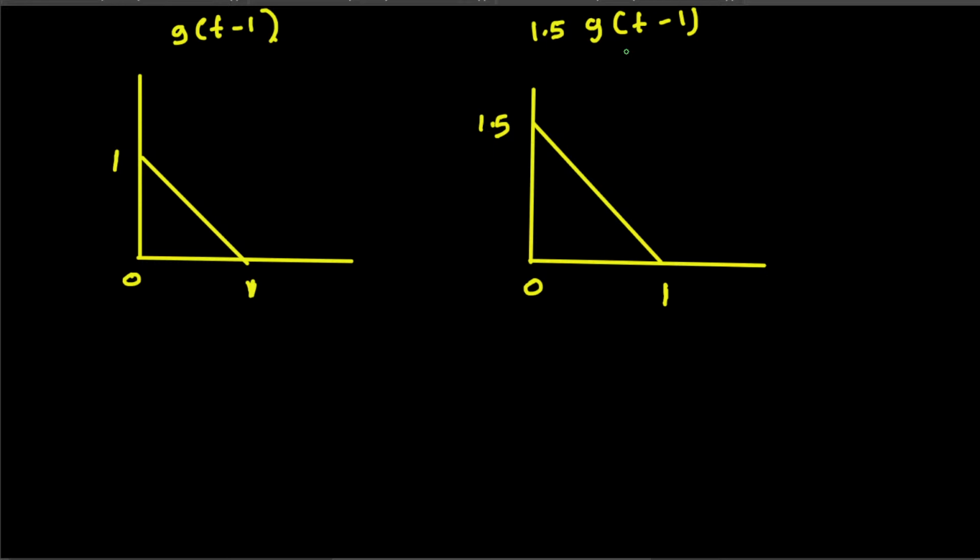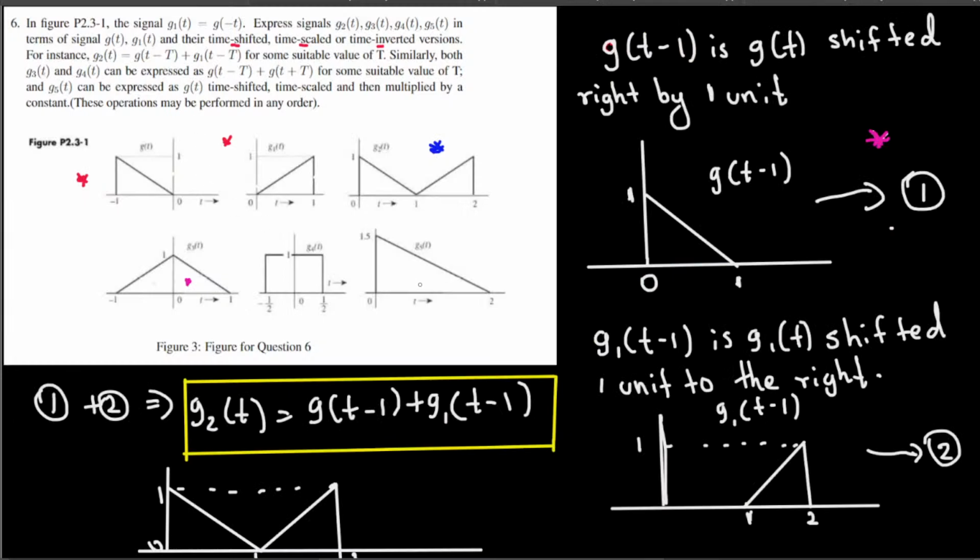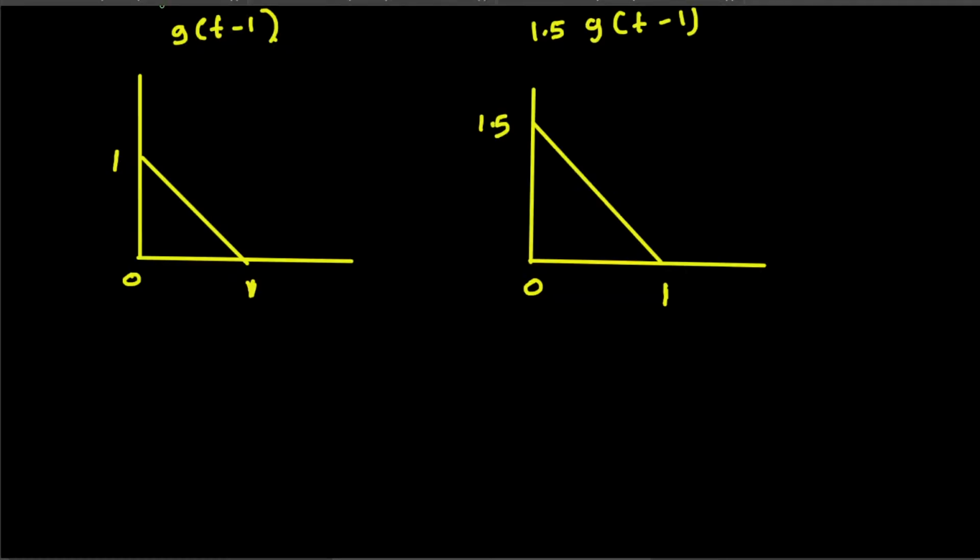Now we have to do one more thing, because if you look at here, the graph is ending at 2, but here the graph is ending at 1. To make this graph end at 2, we have to do time scaling as well. To do the time scaling, we have to put a value in front of t.